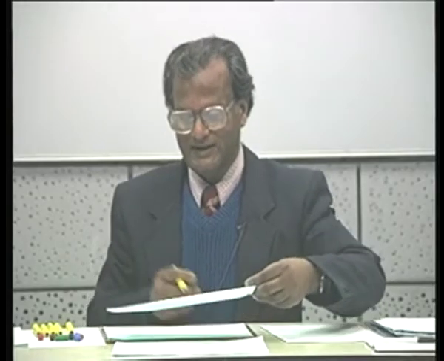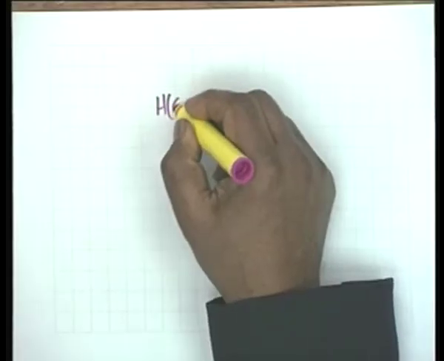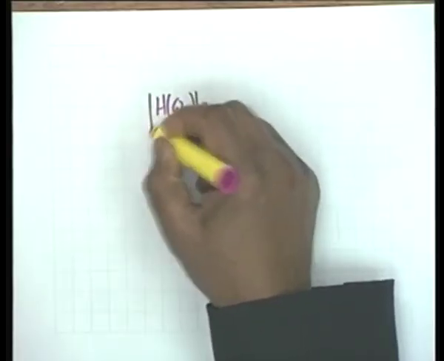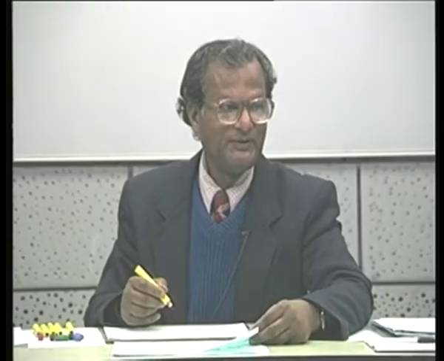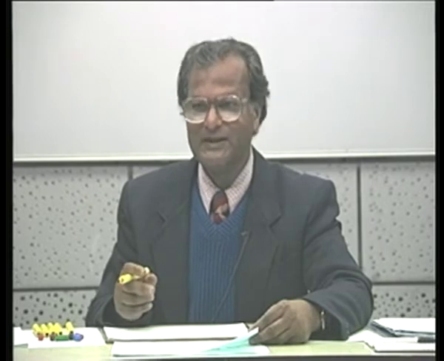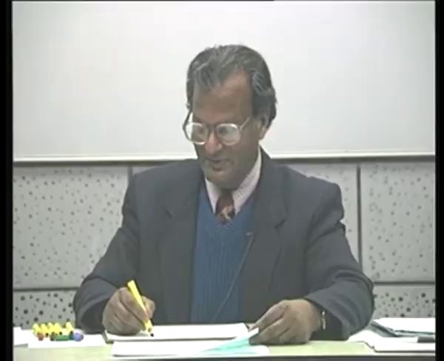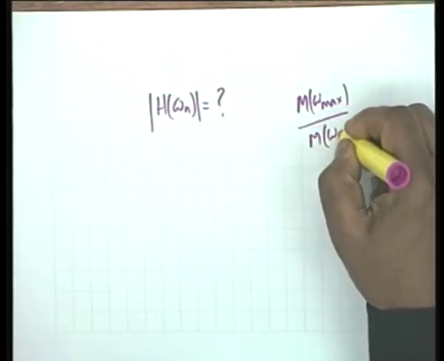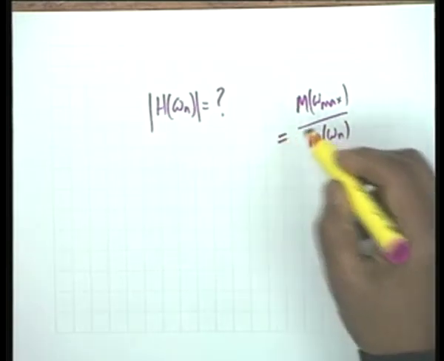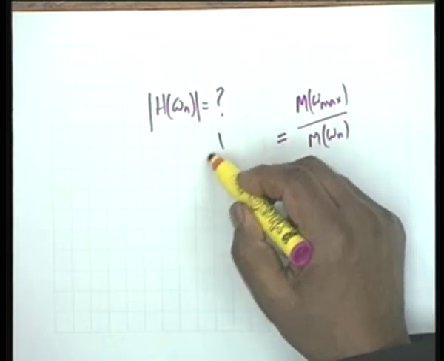Finally, did we find out an expression for H of omega n? Did we do that earlier? H of omega n? Did we or did we not? We did find out the ratio in one of the examples yesterday. We did find out the ratio of M omega max to M omega n, didn't we? What was the expression? 1 by sin theta.